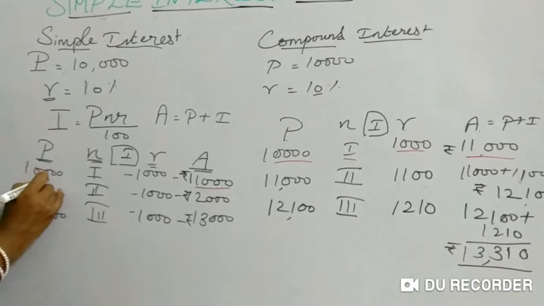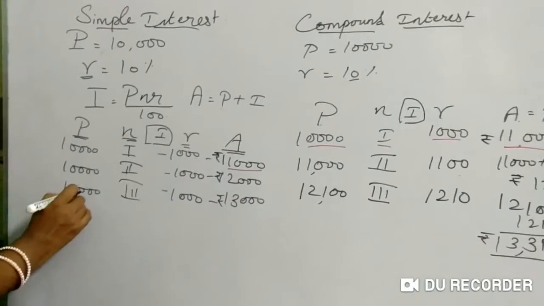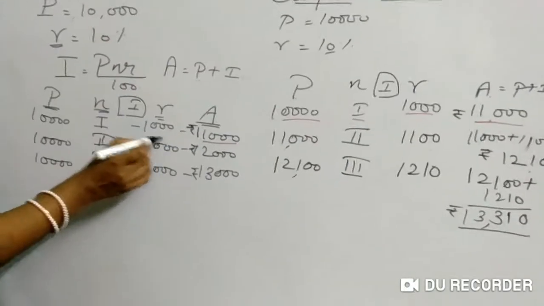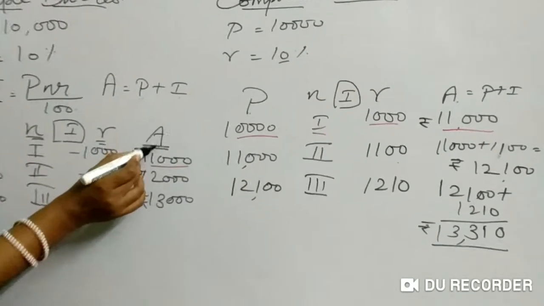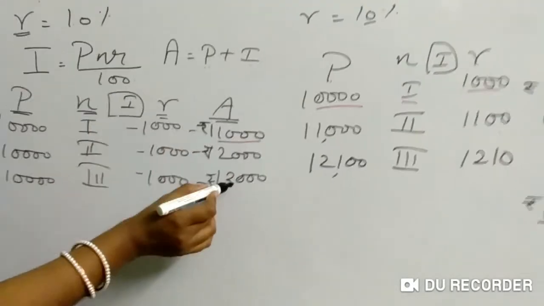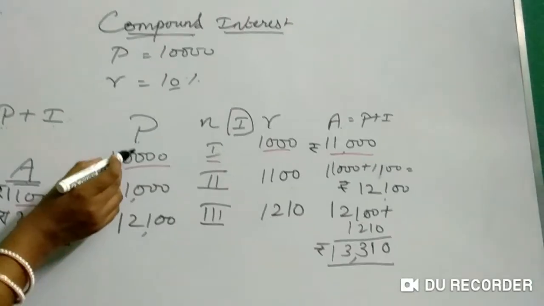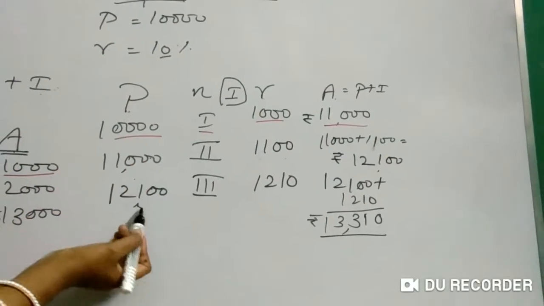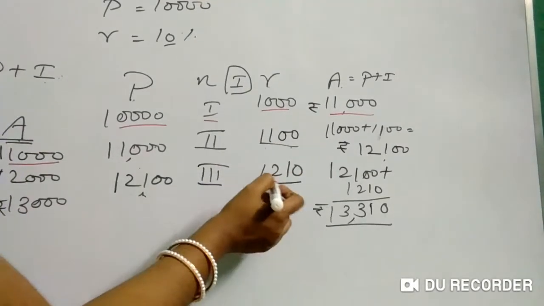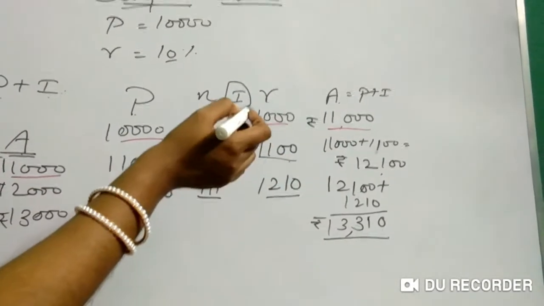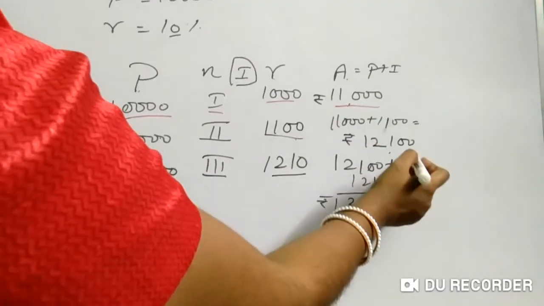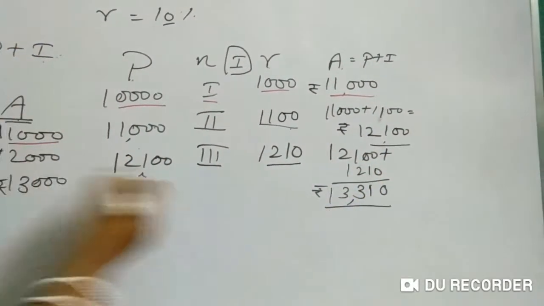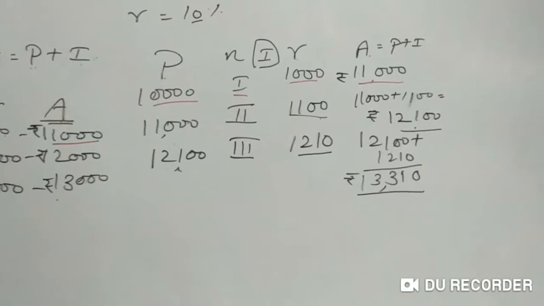In simple interest, for this 10,000 rupees, the interest will always remain the same, and the amount will increase gradually. But in compound interest, the principal changes yearly, so the interest will also increase, so that the amount will always increase compared with simple interest.